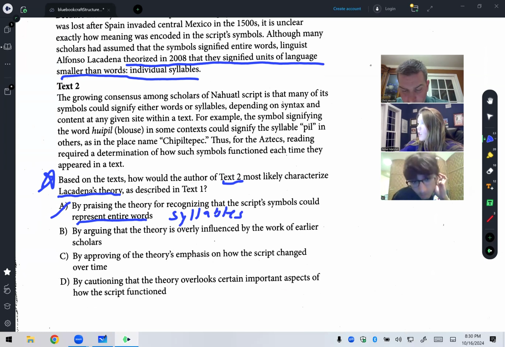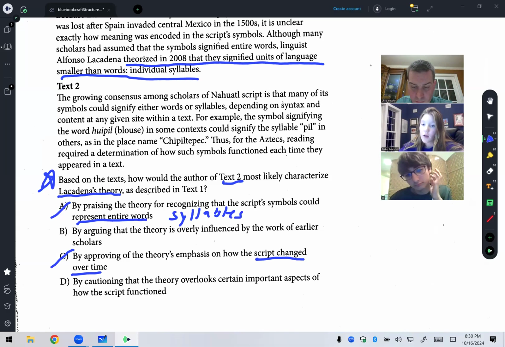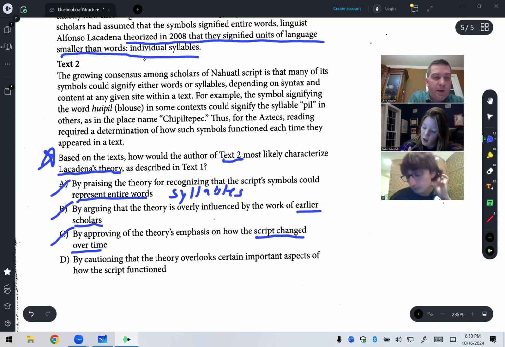Wrong. Okay, what about C? By approving of the theory's emphasis on how the script changed over time, there's no mention of how the script changes over time. All right. What about B? By arguing that the theory is overly influenced by the work of earlier scholars. What earlier scholars? They never mentioned that. Let's look at D, the right answer.